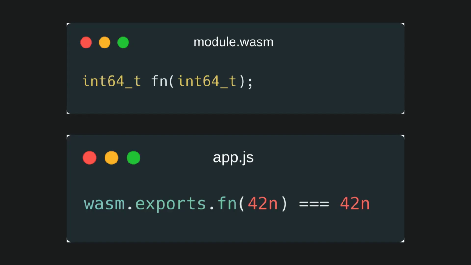Here's an example. On the top, I have a C function, which is exposed and takes an int 64-bit as input and outputs an int 64-bit. And then on the bottom, I have my JavaScript. So the little n is a BigInt literal. I can call my function with the BigInt and get the BigInt back.